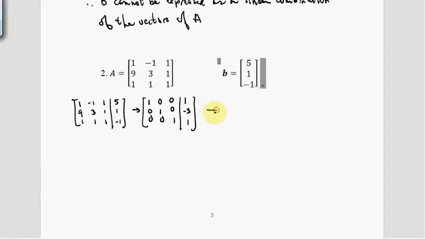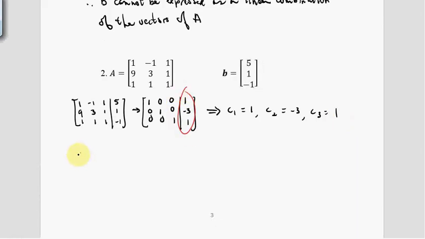In other words, this implies that C sub 1 is equal to 1, C sub 2 is equal to -3, C sub 3 is equal to 1. These are the values that I get here.